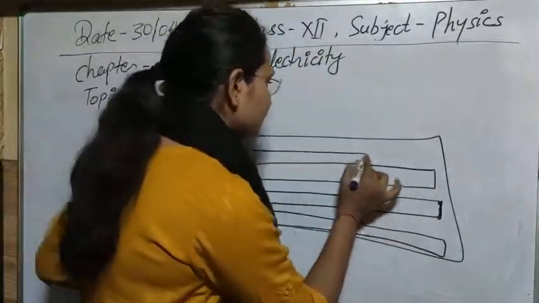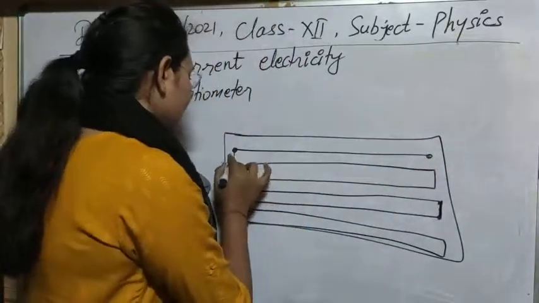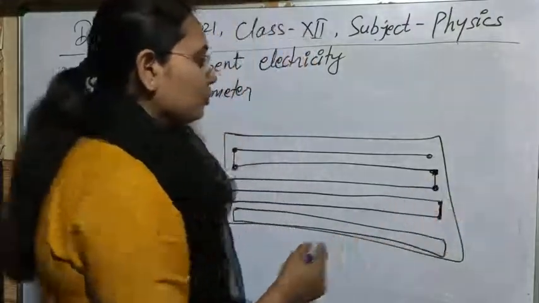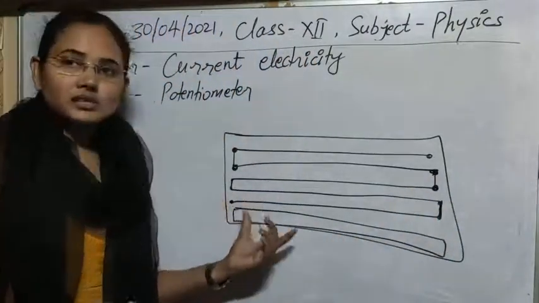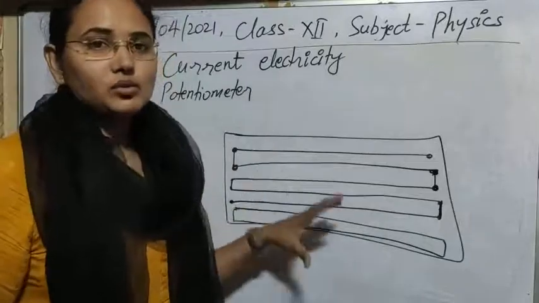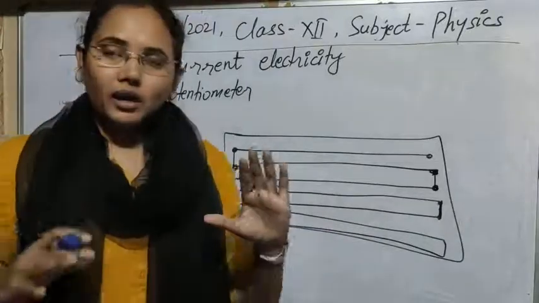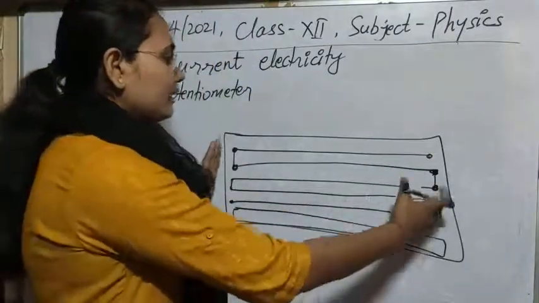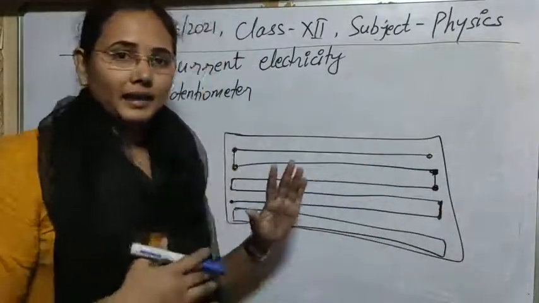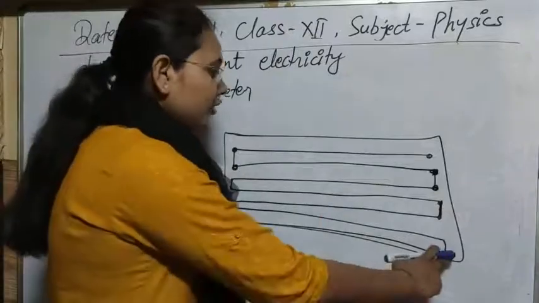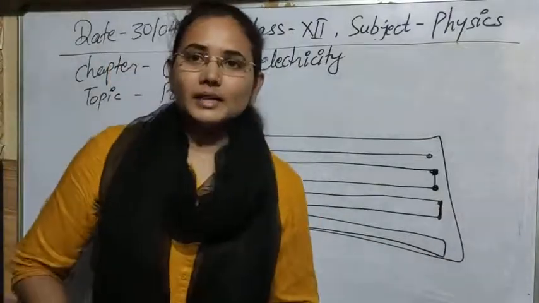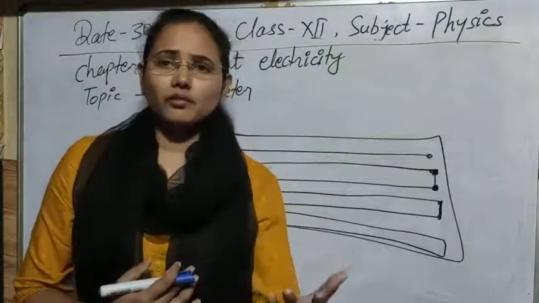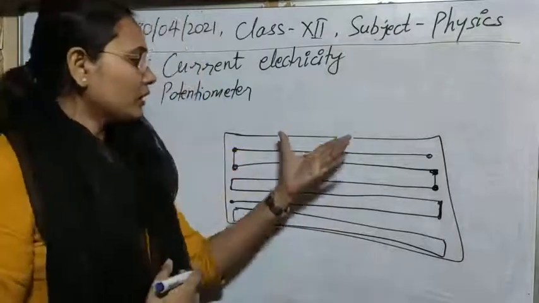The wires can be 4 or more, connected at 2 points. On a wooden board we connect metallic wires, each of length 100 centimeters or 1 meter, and we use 4, 6, 8 or 10 wires according to our need.